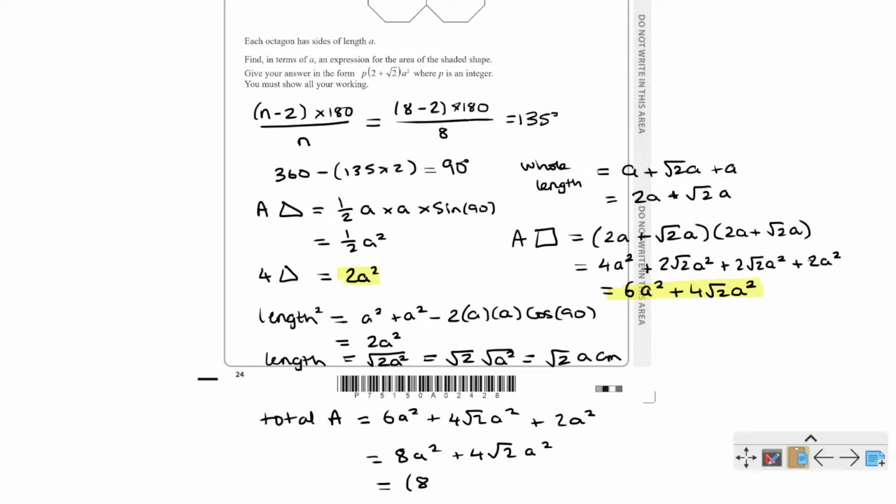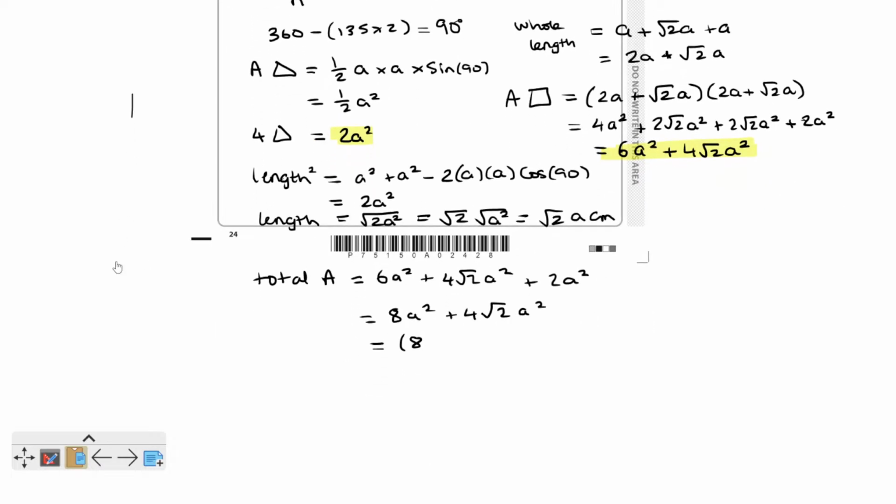So let's get some more space, shall we? If I just pull out the a squared, because obviously that was at the end, wasn't it? 4 root 2 a squared, and then just look at a common factor. Now it's obviously root 2 is separate because it's not a whole number. Just look at the 4 and the 8.